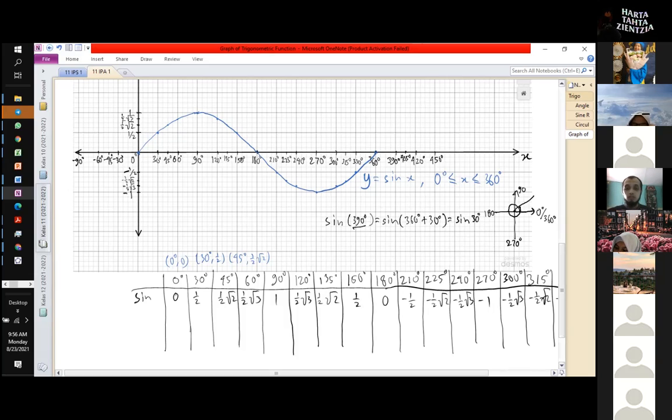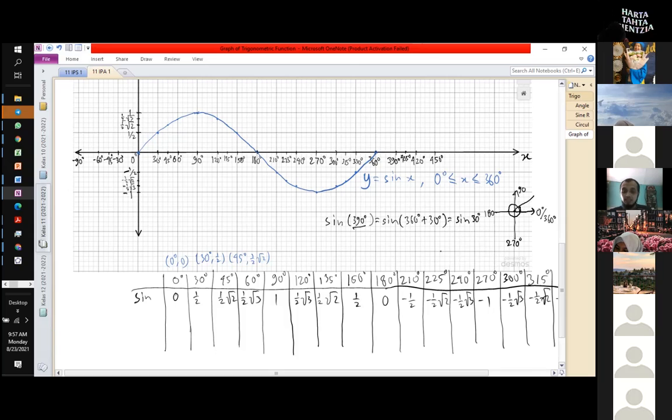Jadi kalau kalian punya sudut yang lebih besar dari 360 derajat, ya karena satu putaran itu cuma 360 derajat, maka nilainya sama dengan, tinggal kita kurangi dengan 360 derajat gitu ya. Contoh 390 derajat itu sama dengan satu putaran tambah 30 derajat. Ya, atau 360 derajat tambah 30 derajat. Sehingga ya posisinya sama saja gitu ya dengan sin 30 derajat.